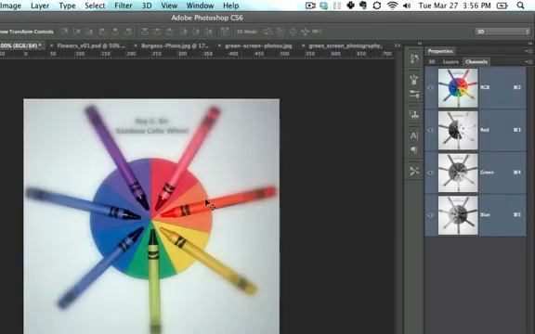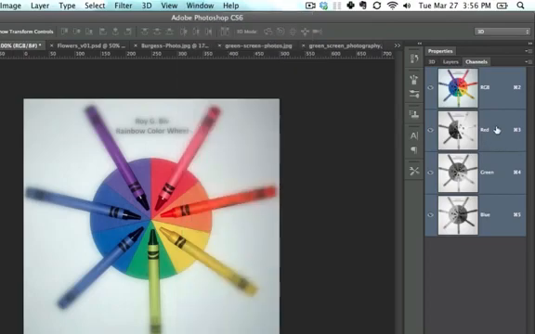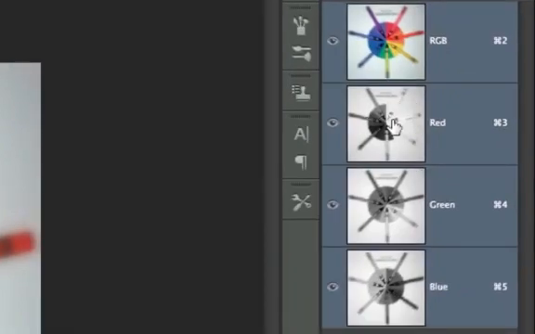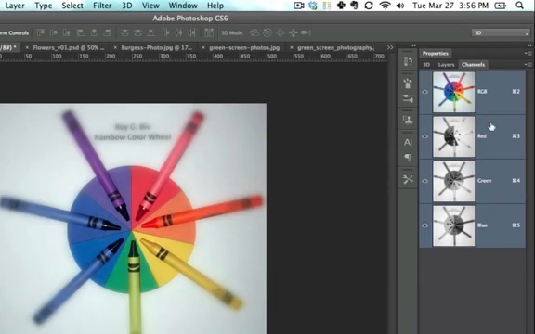So you see how this is mostly red over here? If you look over in the Channels palette, quick side note, Channels palette can be found by going to Window, Channels. If you look in the Channels palette, you'll see that it lists red, green, and blue. In the red channel, it shows that this area of the picture is whitish, and where it's whitish, that's where it's most red.